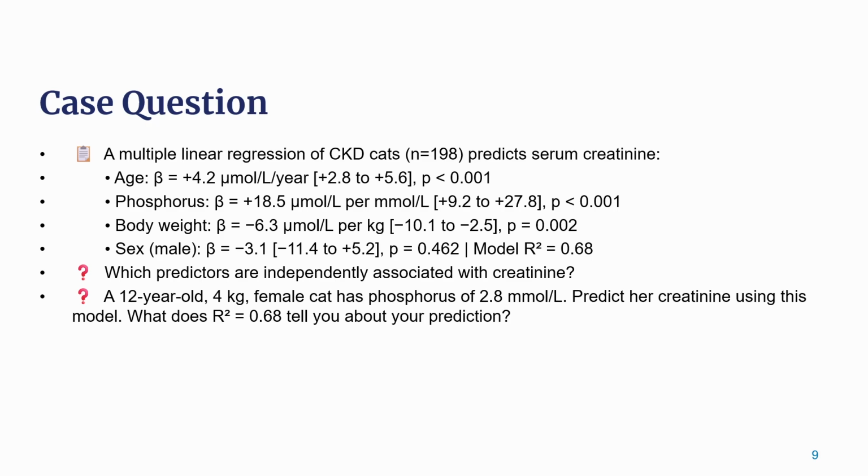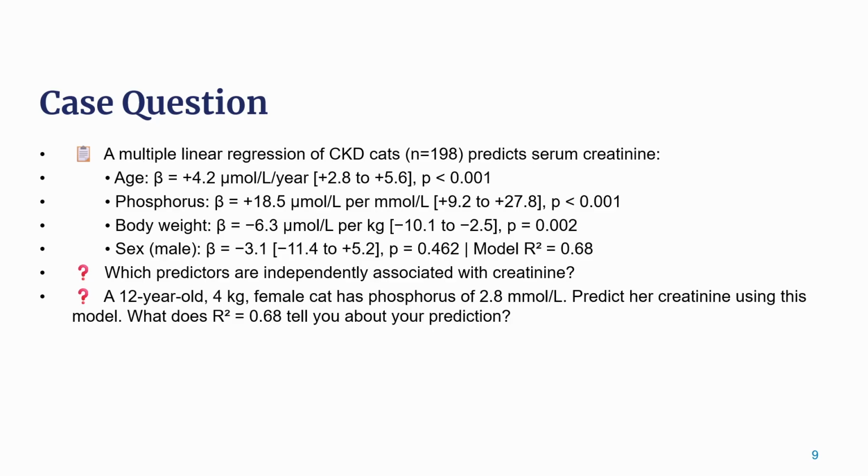Body weight, 4 kilograms. 4 times negative 6.3 equals negative 25.2 from weight. Before the intercept, the combined contribution of these three factors sums to a substantial positive creatinine value. This cat is expected to have meaningfully elevated creatinine.